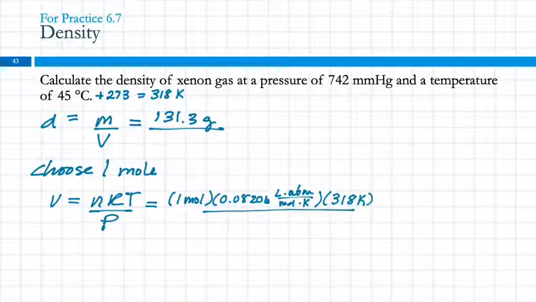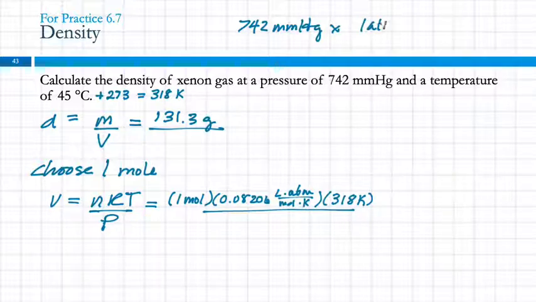And all of that's divided by the pressure. Can I use millimeters of mercury in my equation? No, because the gas constant has atmospheres. So 742 millimeters of mercury times 1 atmosphere per 760 millimeters of mercury.